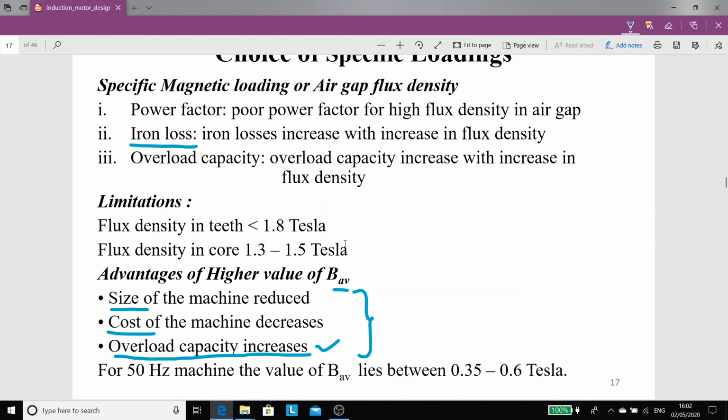And because of higher magnetizing current, the operating power factor of our motor becomes poor, it decreases. So those are the limitations of using a higher value of flux density.